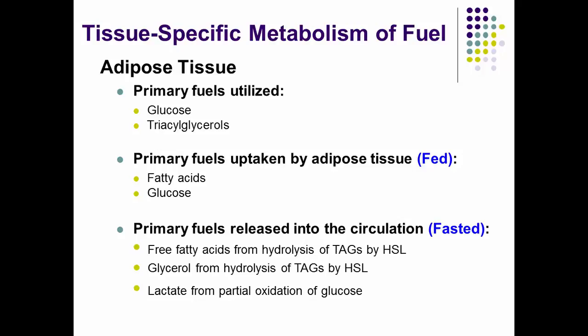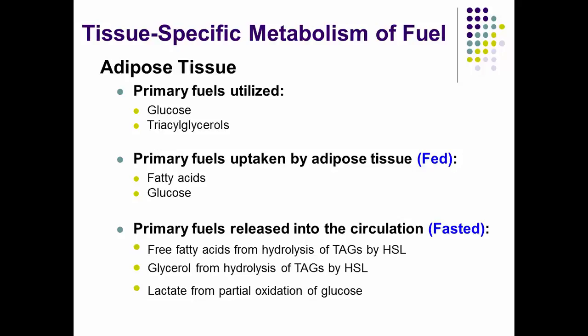And during the fasting condition, lots of fatty acids are broken down from triglyceride and released into circulation. So adipose tissue is a major source of fatty acids during the fasting condition, right, as energy fuel utilized by other tissues.